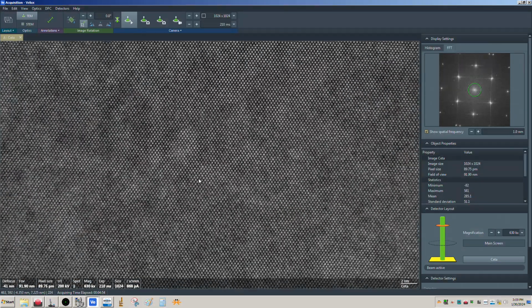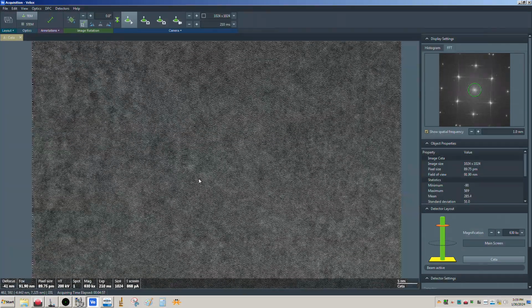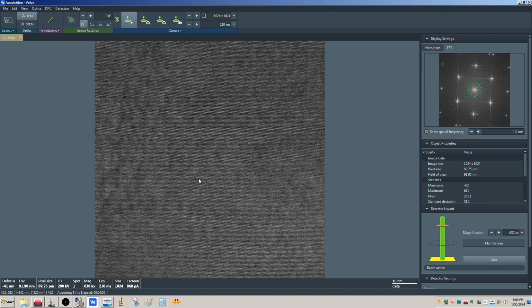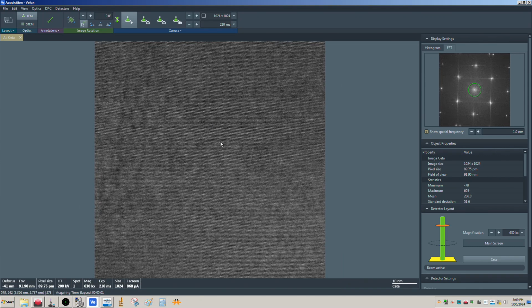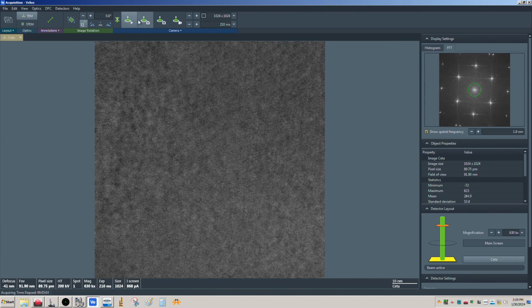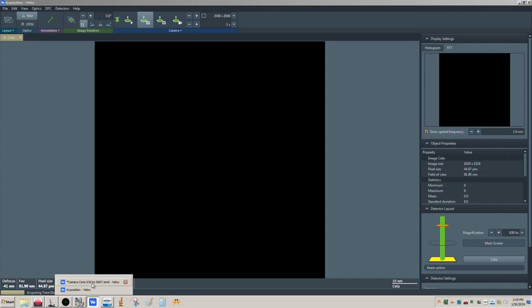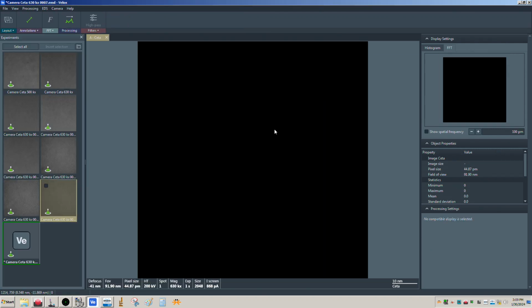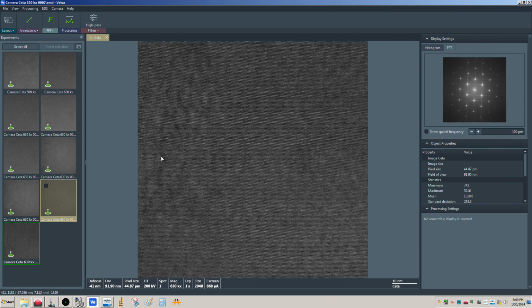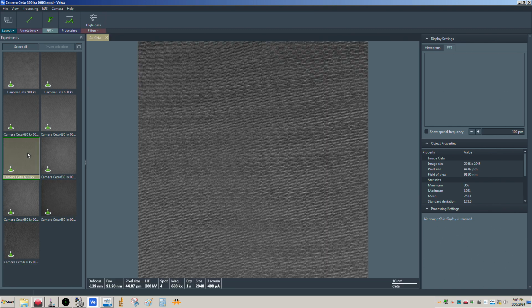Still not really seeing any extended defects. I mean, there's a little bit of, let me take the picture here. There's a little bit of this low frequency modeling that we don't see. Like this was the lower dose image, right?